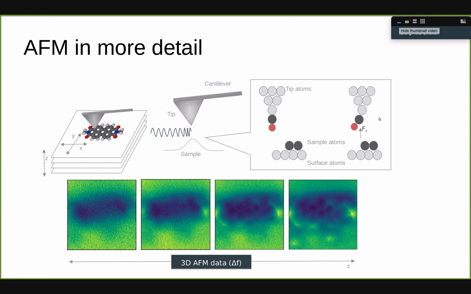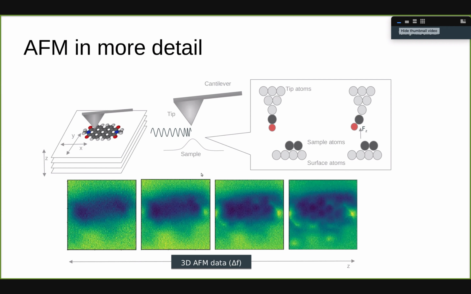It's also chemically inert, so it doesn't react with the sample, and the sample doesn't jump into contact with the tip. Then if you do your scan across whatever sample you have, you can obtain this very sharp contrast of the sample that you're imaging. And depending on the distance, you get a slightly different contrast.